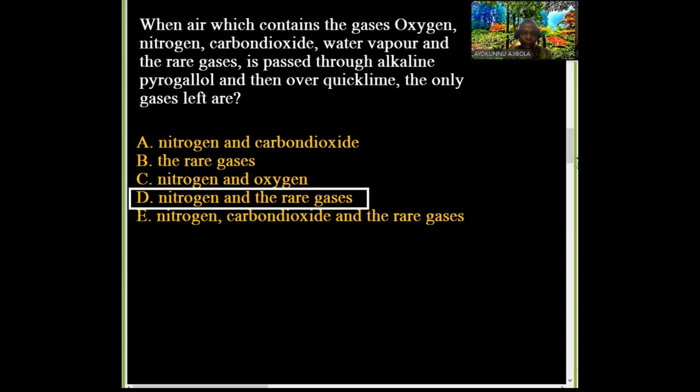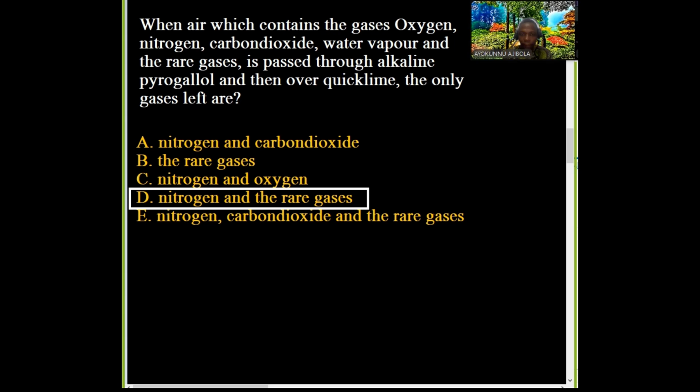Now, a quick explanation on it: alkaline solutions of pyrogalol absorb oxygen efficiently. Quicklime also has a strong chemical affinity to absorb water, so it will absorb the water vapor, and the other one will absorb the oxygen.